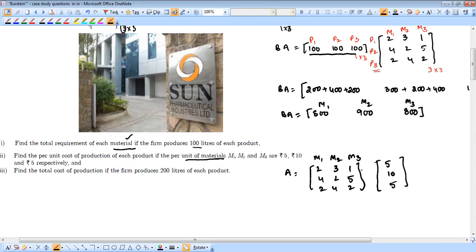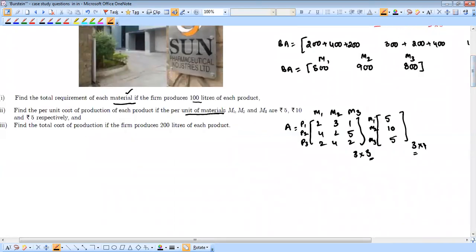Why are we taking it so? Here P1, P2, P3 are given, so P1, P2, P3 are rows, so row with columns, 3 by 3. And here these are also material costs only. So the columns are the materials described, and the rows will be mapped to them.